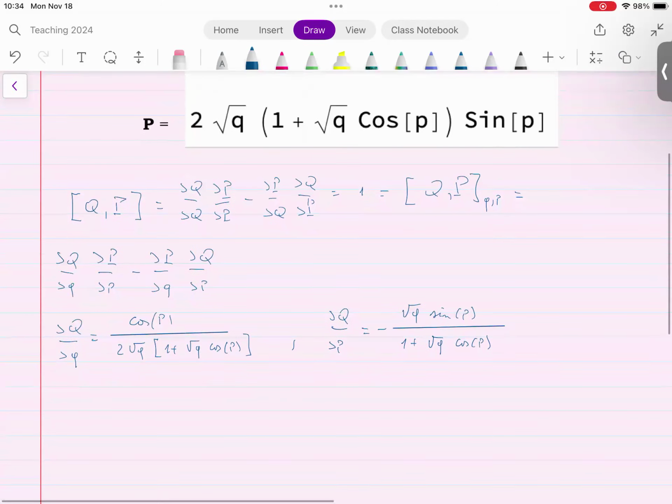Now for the derivatives of P, we don't have the log. And this is a little more messy, so this is actually 2 times q times sine of p cosine of p.